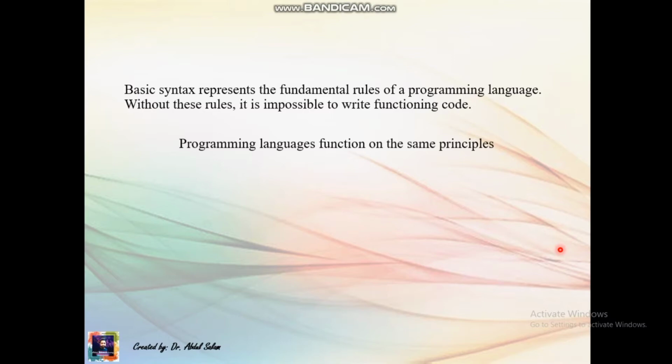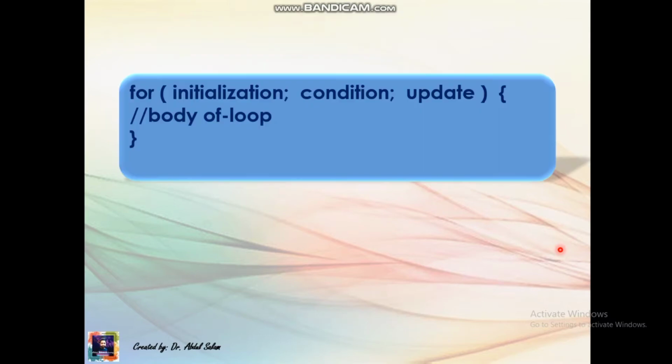A programming language functions on some principles. These principles include the syntax of writing the for loop. Step by step, in the coming slides, we will discuss the syntax of the for loop, do while loop, while loop, switch statement, arrays, and all this.